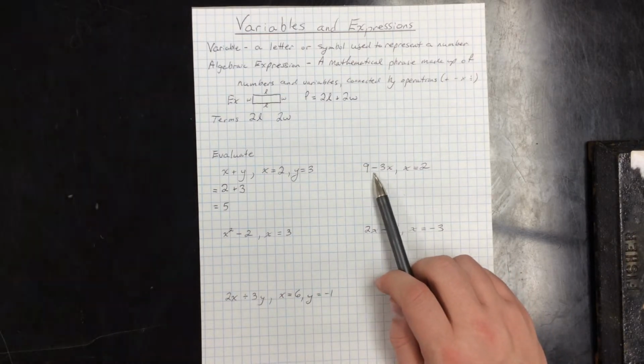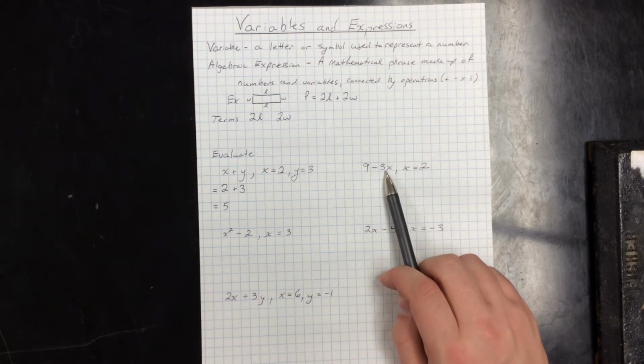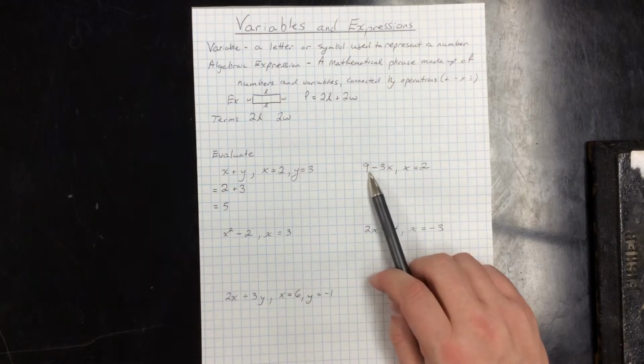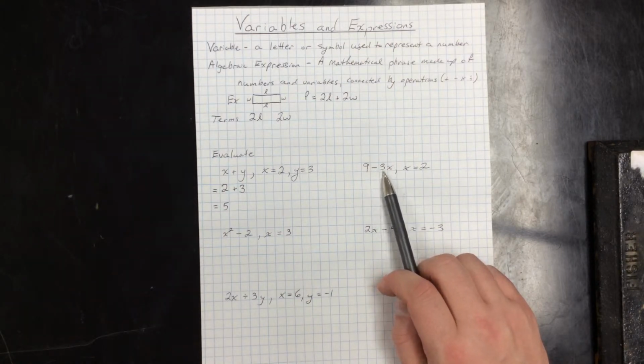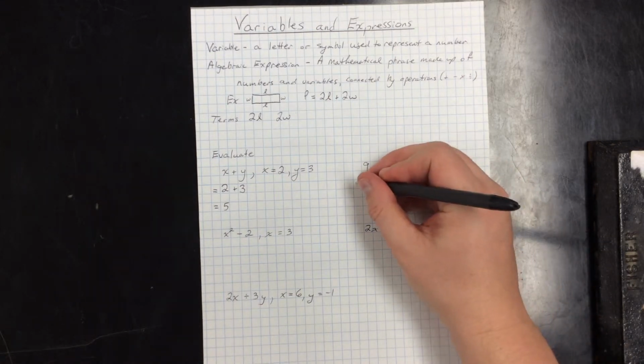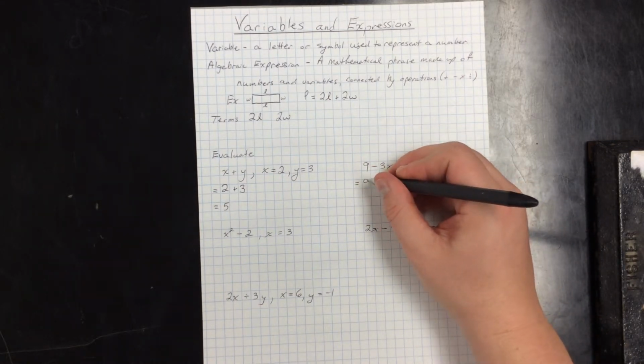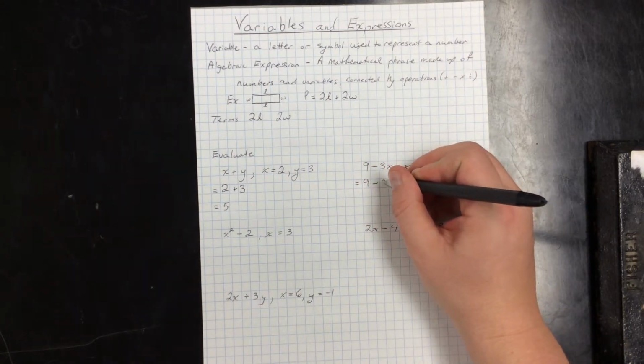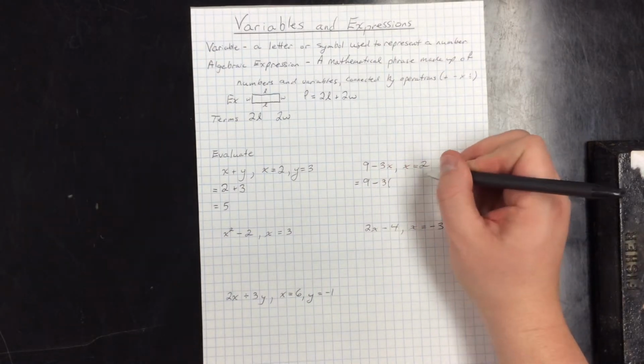So let's try 9 subtract 3 times x. There's no sign written, so that means multiplication. So 9 subtract 3 times x when x is equal to 2. So we'll start with our equal sign, and we'll substitute. 9 subtract 3 multiplied by 2.